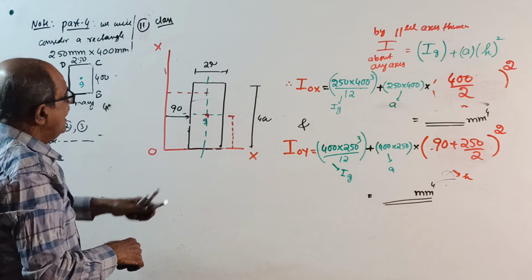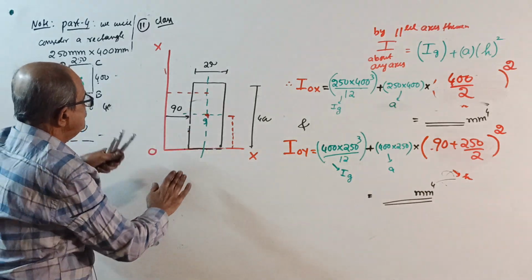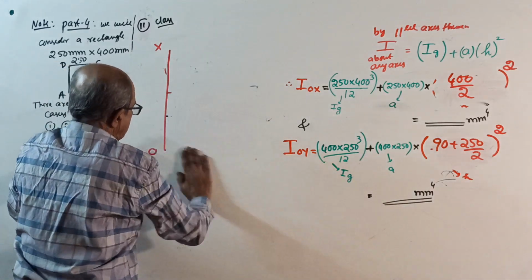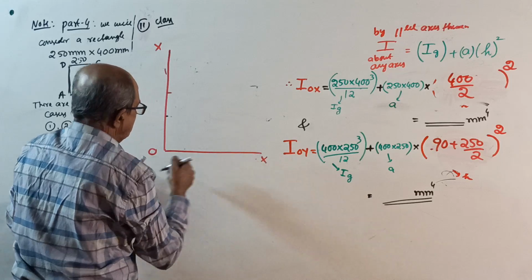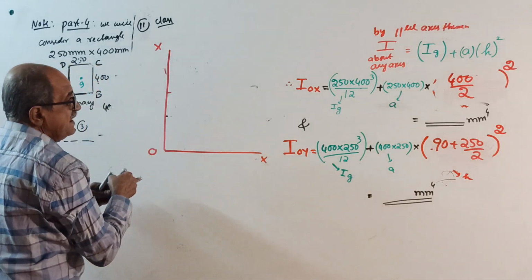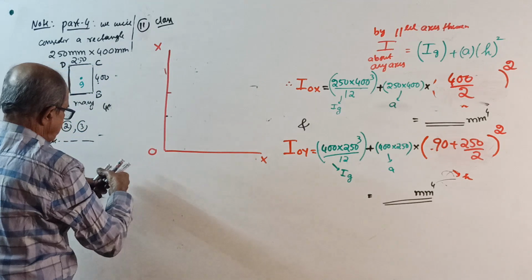Okay, 11. What I will do is slightly shift it down now. Over. Last case. The rectangle is placed this way.